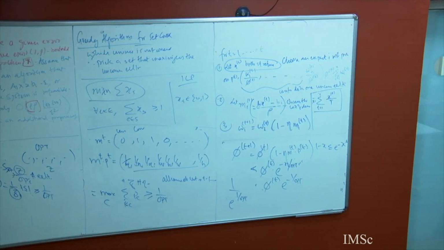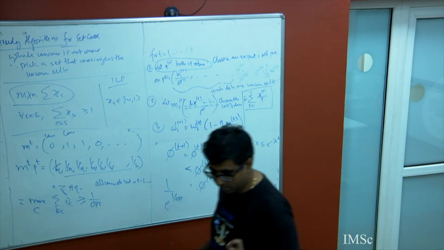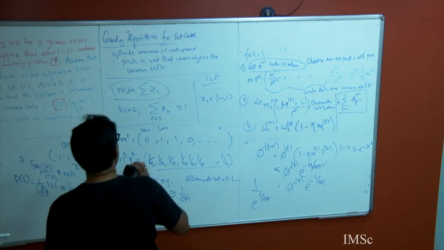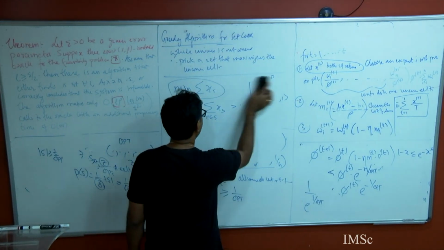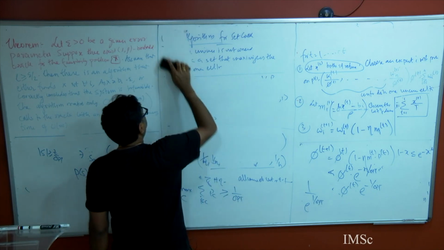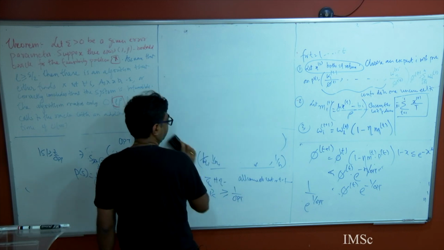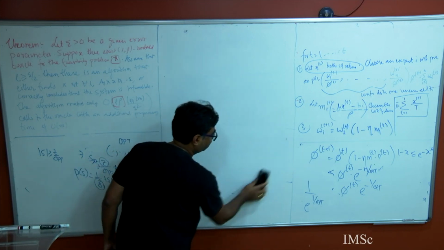So basically, there are two things to remember in the multiplicative weight update method, what makes it all go through, whether we apply it to integer linear programming or to any fractional solution.